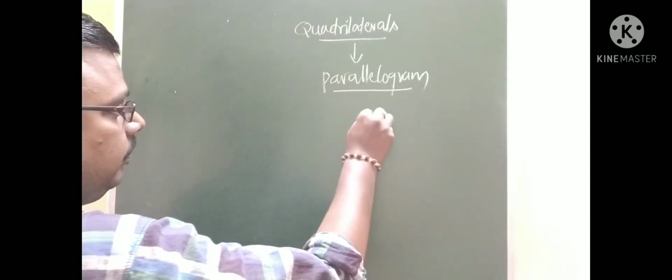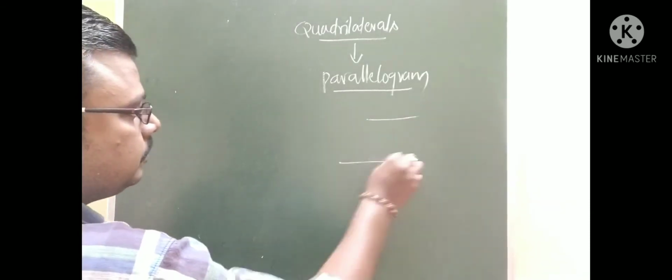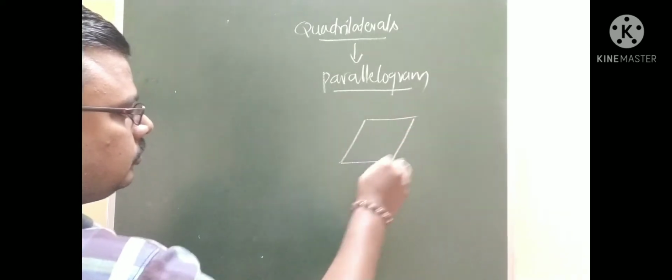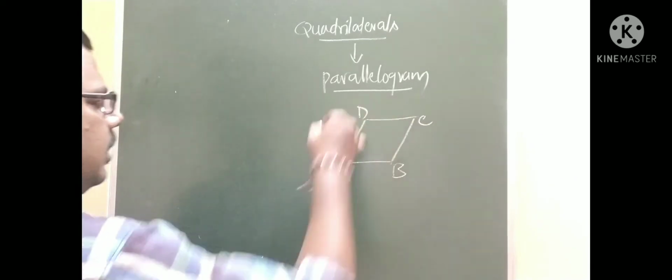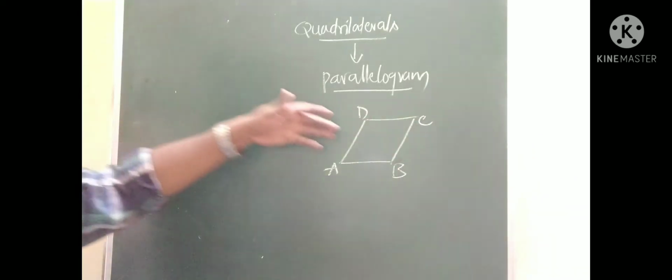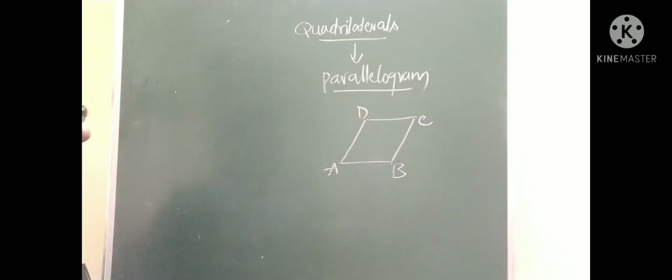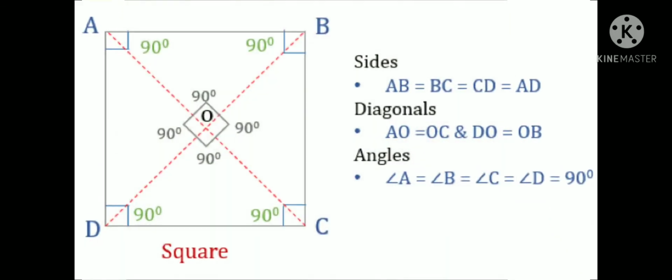In the quadrilateral parallelogram, let me draw a rough diagram. Let me label it ABCD, as it is a quadrilateral, so we'll have four sides, four vertices and four angles. Now what is the main thing? How would you guess that it is a parallelogram?